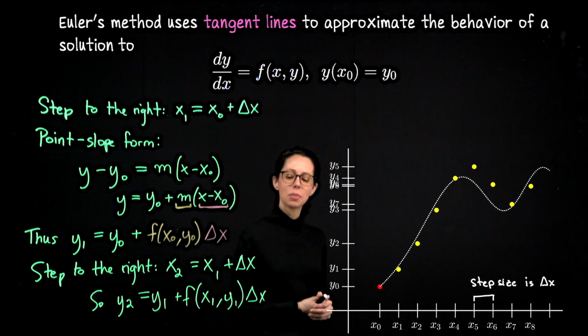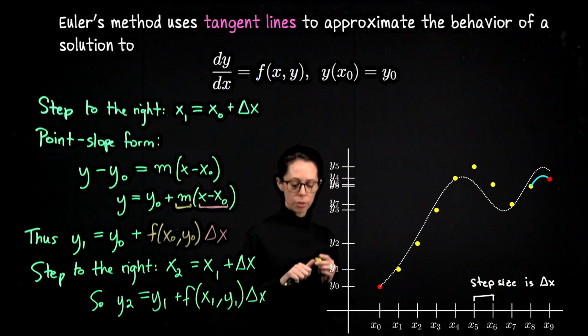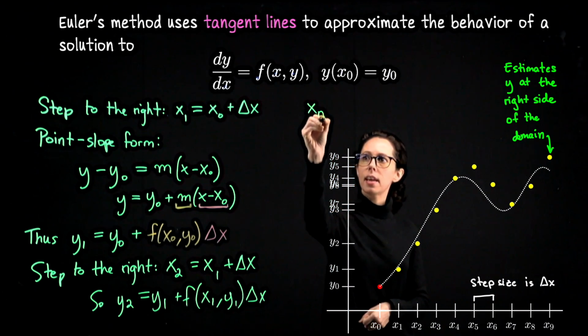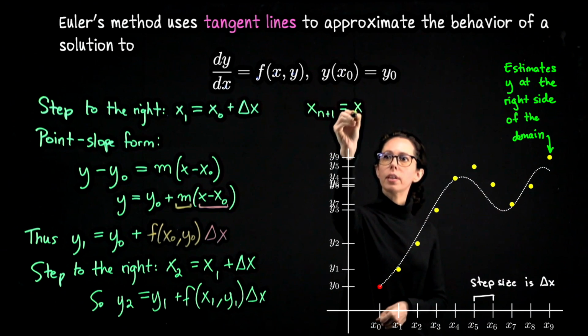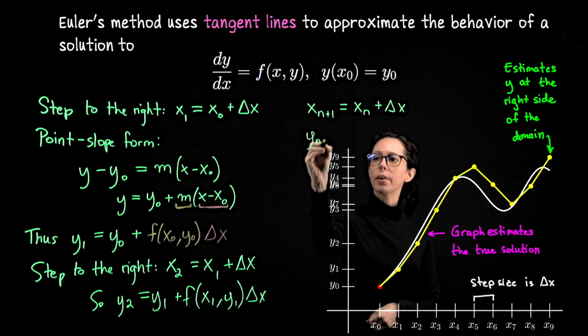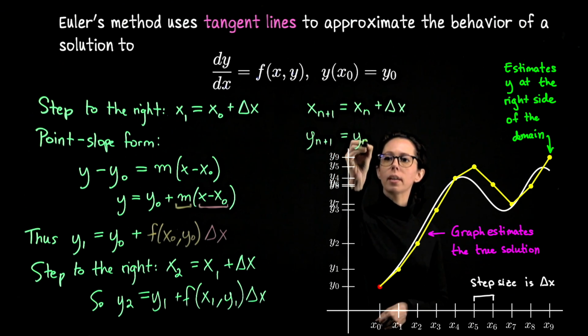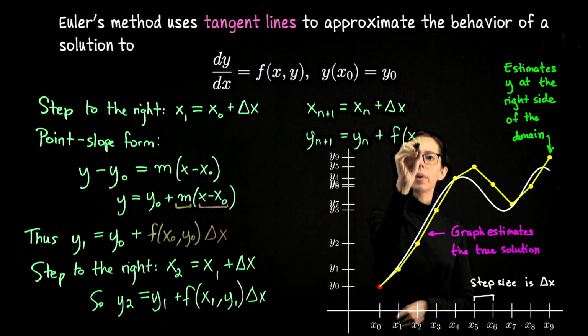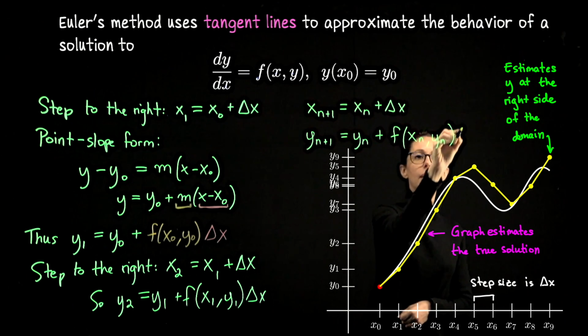So that's how many times you iterate this procedure. And each time you do it, you follow this idea that the next x value is the previous one plus the step size, and the next y value is the previous one plus the right-hand side of your differential equation evaluated at the previous point times the step size.